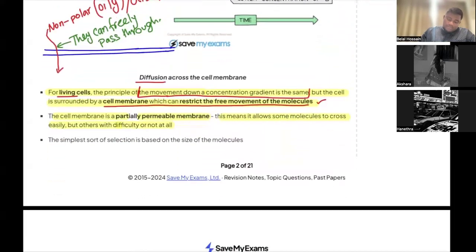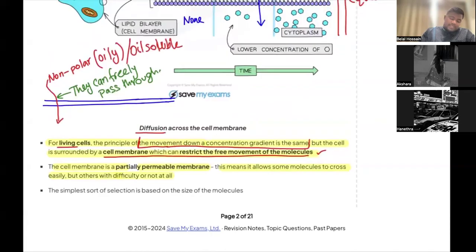Here is the thing. Cell membranes are partially permeable. This means they allow some molecules to pass through, while others will not. Non-polar substances, things that are oil soluble, an example would be oxygen, another would be carbon dioxide, or any hormones for that matter.